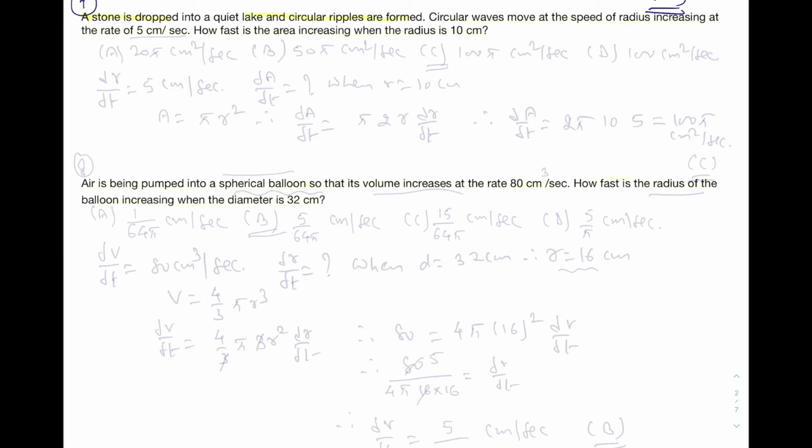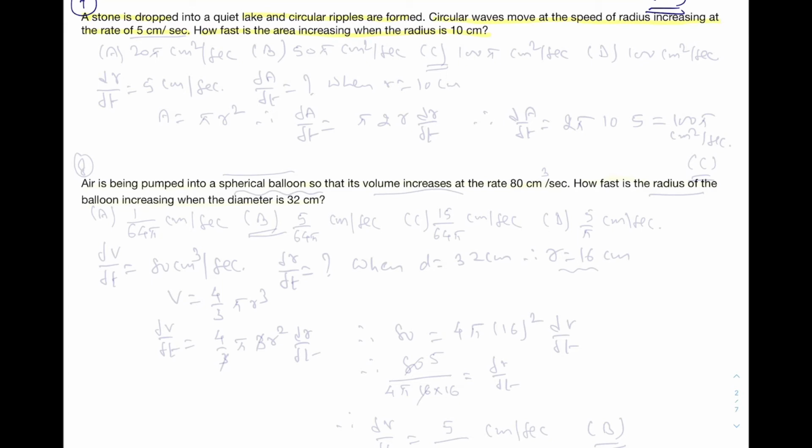So we are given that the ripples move at a speed of radius increasing at the rate of 5 centimeter per second. Question is, how fast is the area increasing when the radius is 10 centimeter?